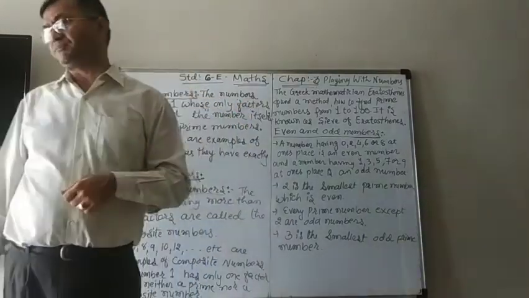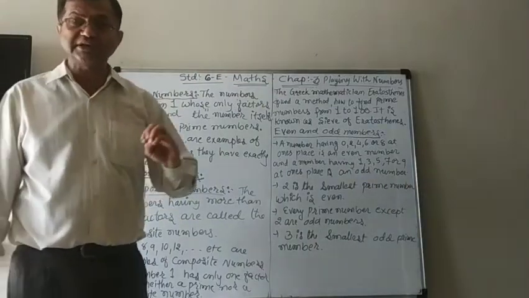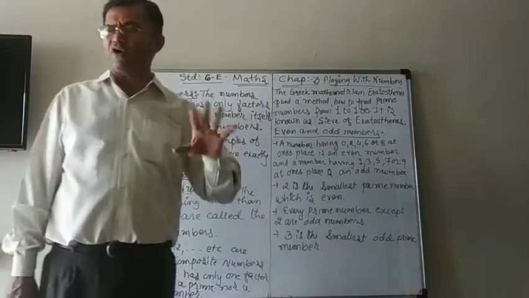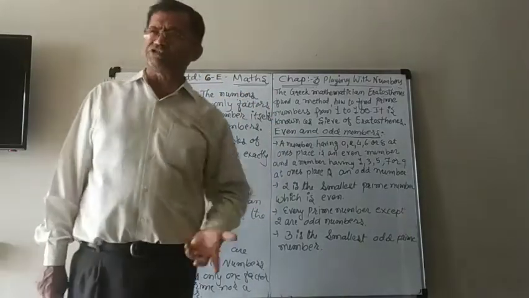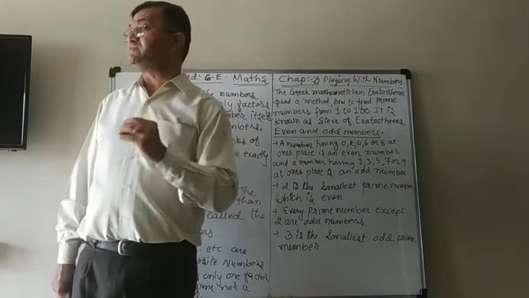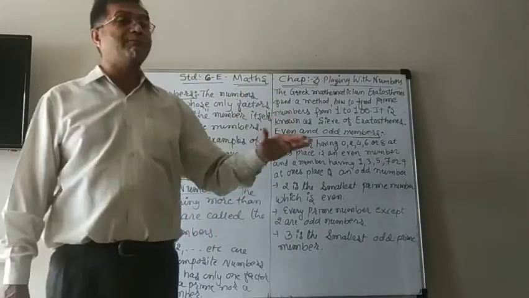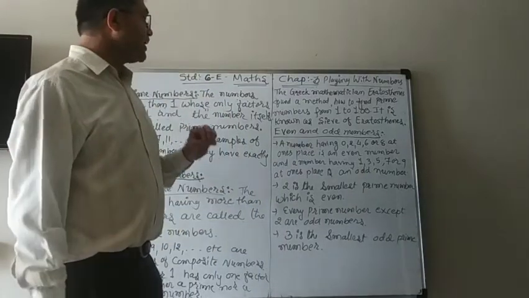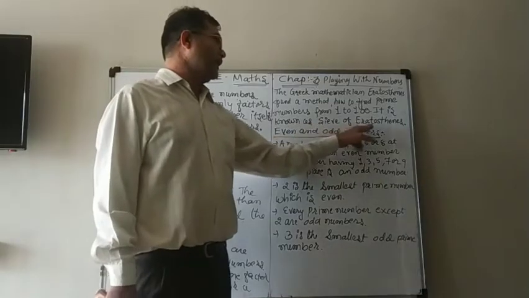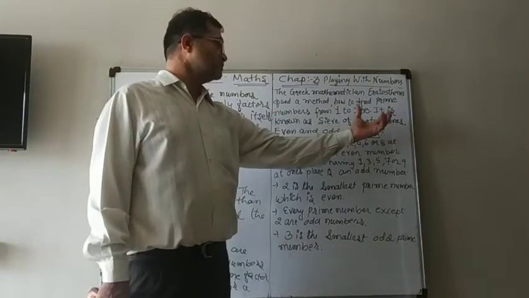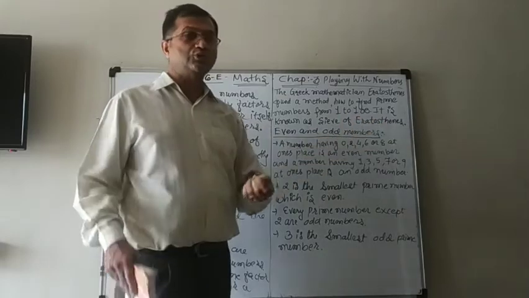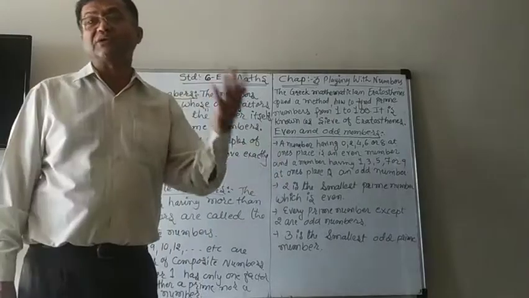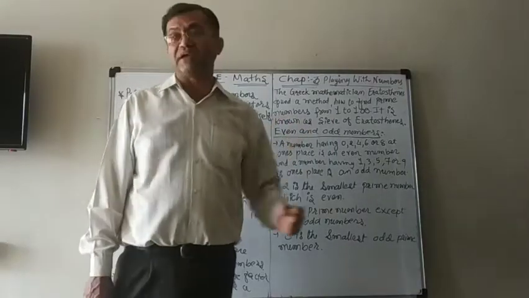He found a method so that we can easily check which numbers from 1 to 100 are prime. If you want to find 1 to 50 also, you can easily find out if you go step by step. That method is known as the Sieve of Eratosthenes, because he found it. Sieve means a strainer, because one by one the numbers will be getting separated.